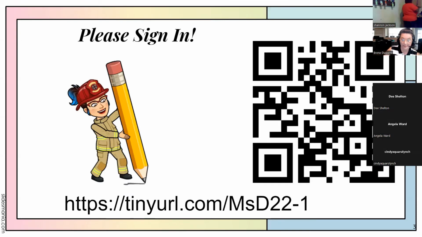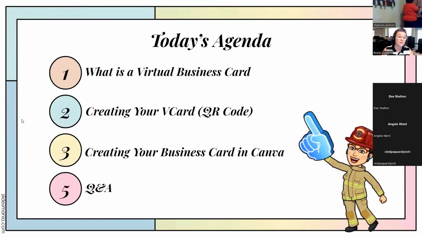While y'all are filling that out, I'm going to give you the agenda for today. We're going to be talking about what a virtual business card actually is and why in the world we might want to use it. I'm going to give you some examples of reasons that I have one and how I use them. Then we're going to get down and dirty on how to create them.